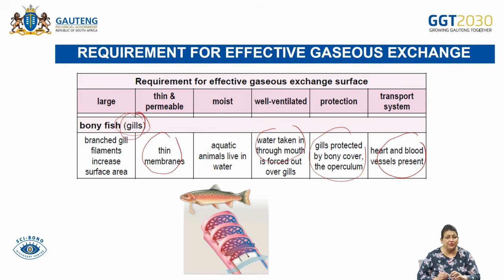So they need a special system, just like the tracheoles in the locust, a special respiratory system; lungs in humans, a special respiratory system; gills and gill slits in the fish, a special respiratory system. Therefore, gaseous exchange cannot just occur by diffusion.